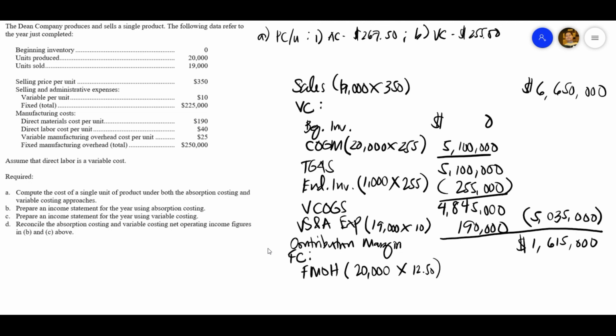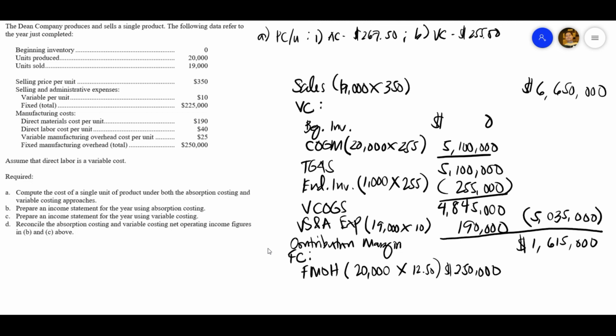You can also skip this computation, but rather if the total value is given here, you can just put the total value of $250,000. When you compute this one, it will still be the same. Please do remember that under variable costing, your fixed manufacturing overhead cost is not affected by the units produced.